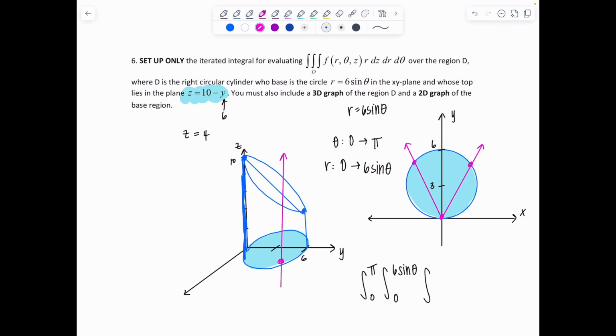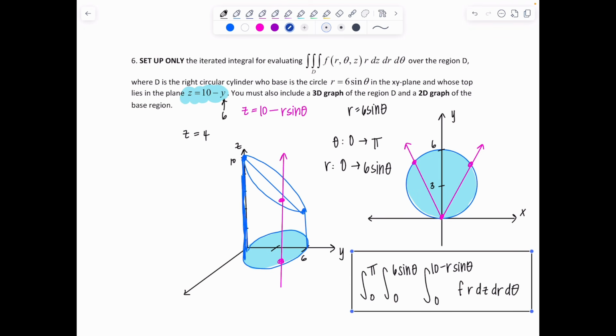It starts at z equals 0 and goes until the plane z equals 10 minus y, but we are in cylindrical, so you can't say 10 minus y. You have to say 10 minus r sine theta. There you go. So 0 to 10 minus r sine theta, f r dz dr d theta. Good? Great. That was fun.